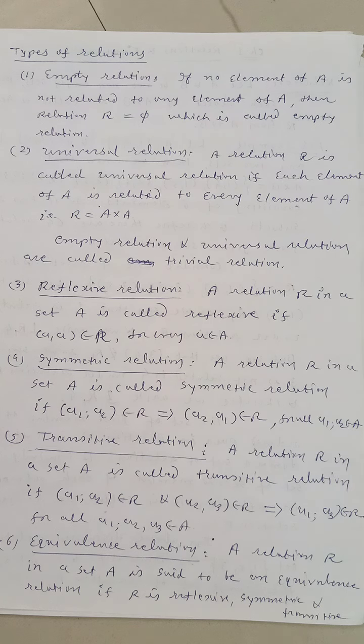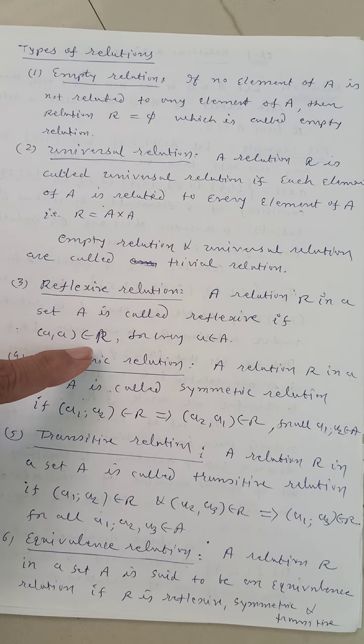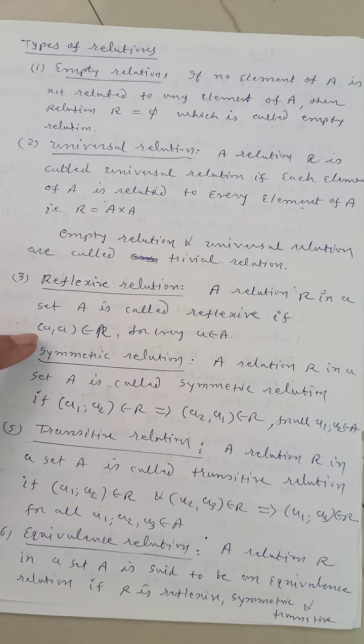A relation R in a set A is called reflexive if the ordered pair (a, a) belongs to R for every a belonging to A. Remember, A is any given non-empty set. For a relation R in a set A, we call it reflexive if the ordered pair (a, a) is a member of R, meaning element a is related to a itself under R, and it should happen for all a belonging to A.